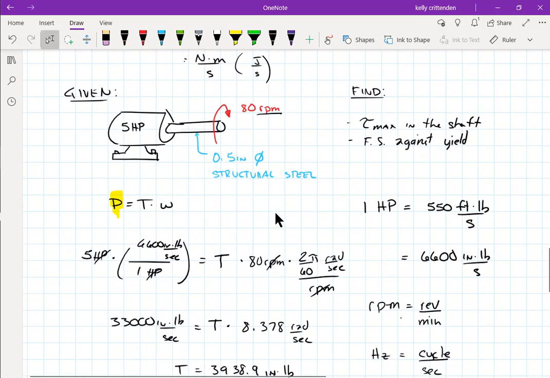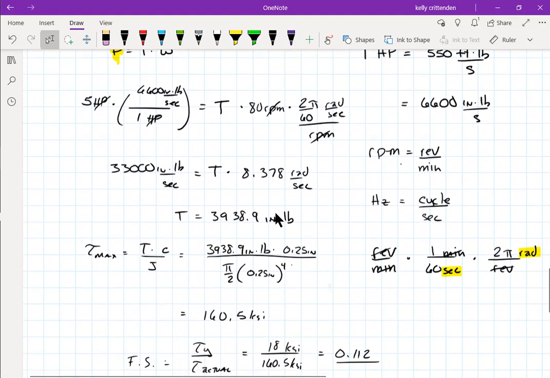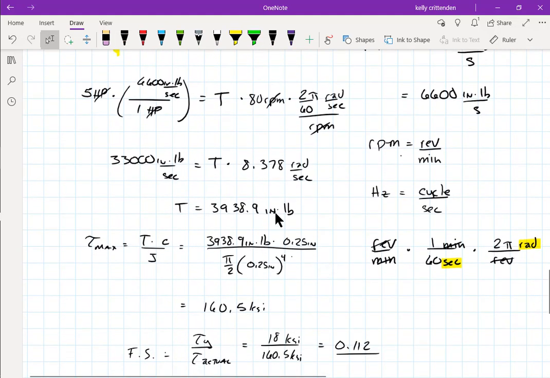If we did everything correctly, then our 1/2 inch diameter shaft spinning at 80 RPMs trying to deliver 5 horsepower won't make it. It just can't do it. So we would have to slow it down quite a bit, make it bigger, or transmit less horsepower, or make it out of different material. I guess we ought to make sure that we did everything right too.